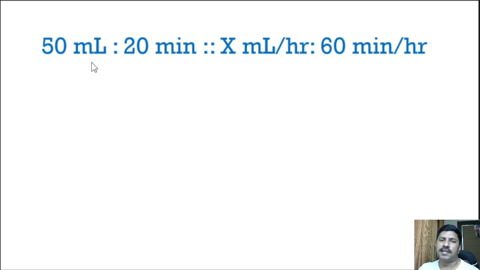The first method is you write the values as a proportion. That is 50 ml we need to administer over 20 minutes, equal to x ml that we need to find over 60 minutes. 60 minutes because we need to convert to per hour. That is why 60 comes.